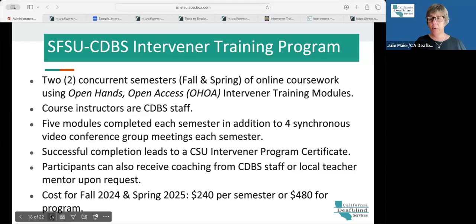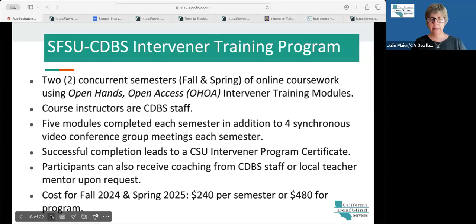And if they complete both courses successfully, they will receive an intervener program certificate from a California State University. And this demonstrates that they have received training in deafblind intervention and have knowledge and skills to serve in this role.